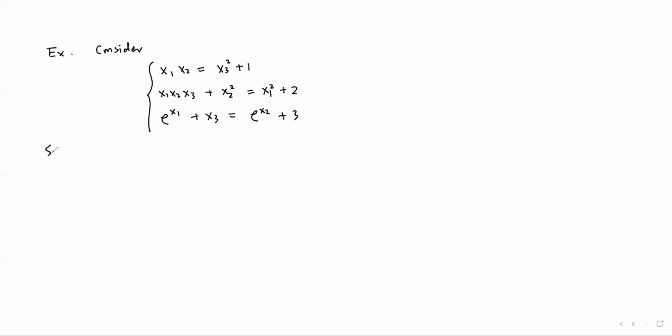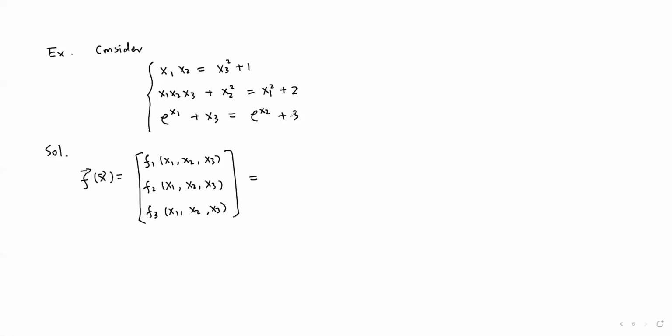Solution. The vector value function is f1 of x1, x2, x3, f2 of x1, x2, x3, f3 of x1, x2, x3.